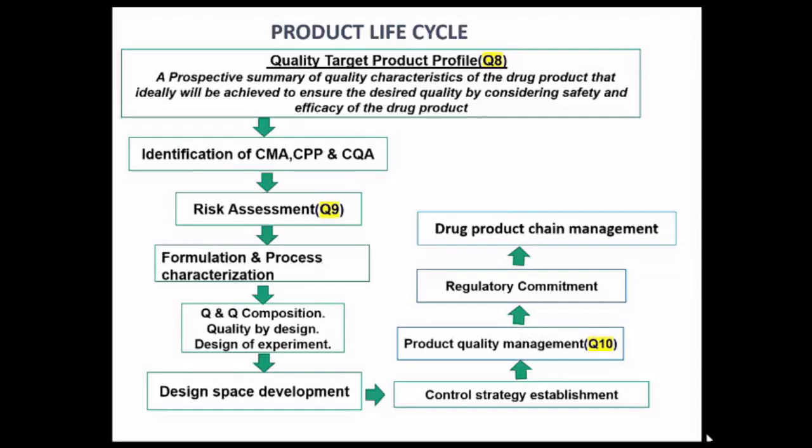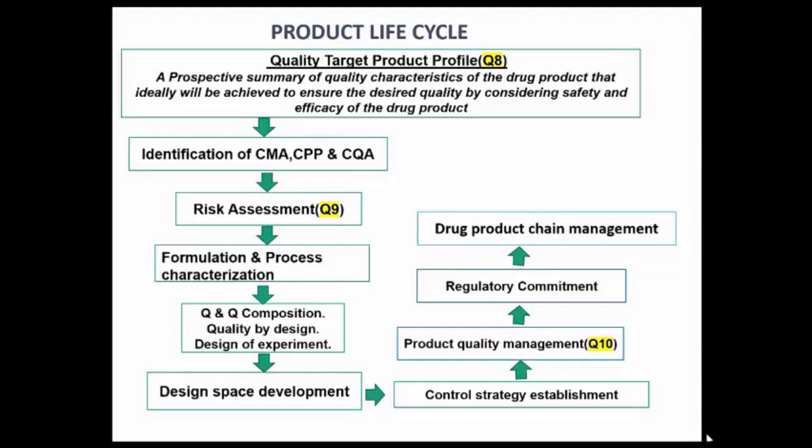For example, it's a top spray granulation technique, and you are using some non-aqueous granulating fluid. Does this fluid have any criticality while spraying on the product? All these you have to identify in this stage. How these CMAs and CPPs affect the quality attributes, you have to study.